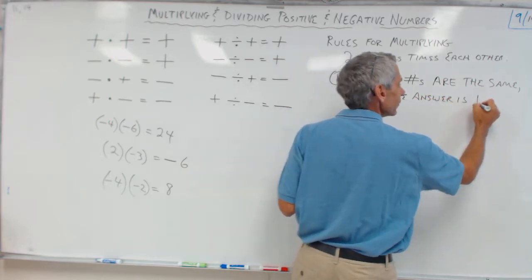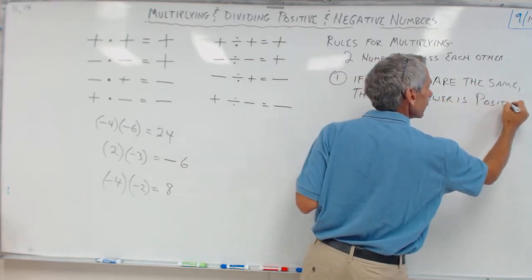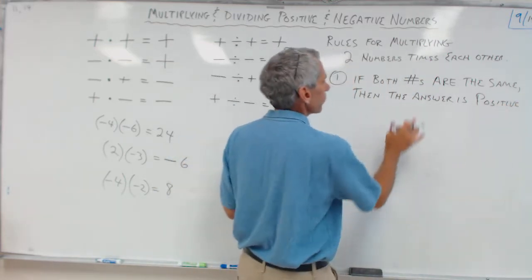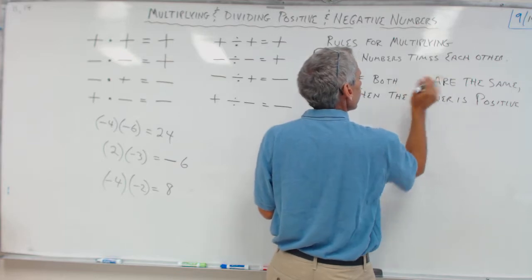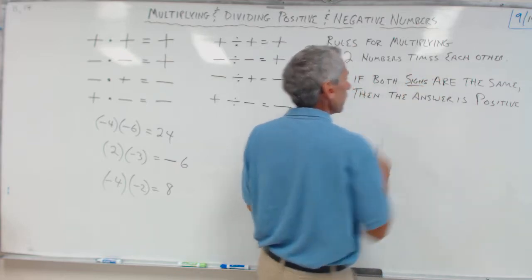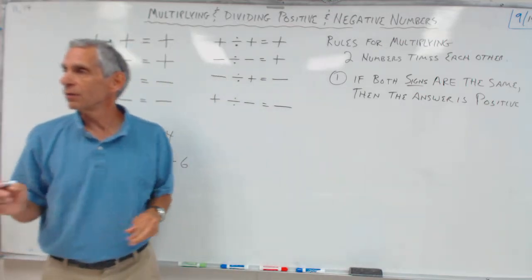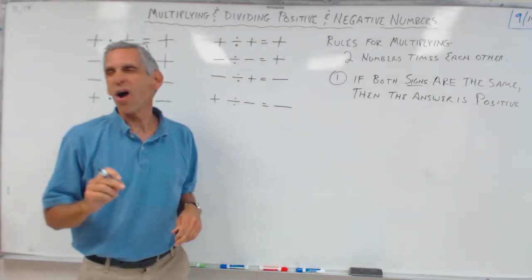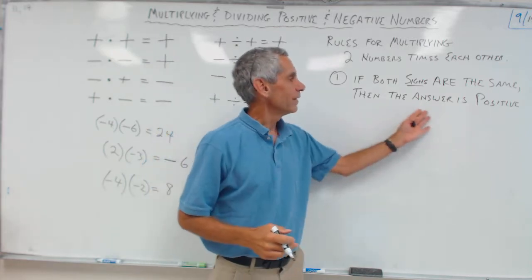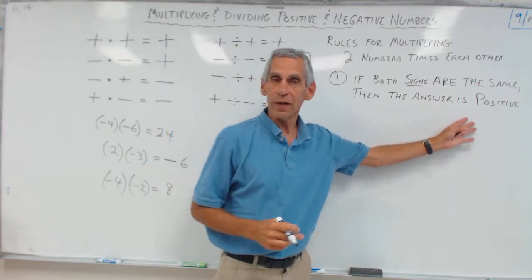Positive. But you should say when the signs are the same. Oh, sorry, if both, what am I saying? Not numbers, you're right. If both signs, thank you so much. See, that's why I have you guys in here. If both signs are the same, then the answer is positive, right?